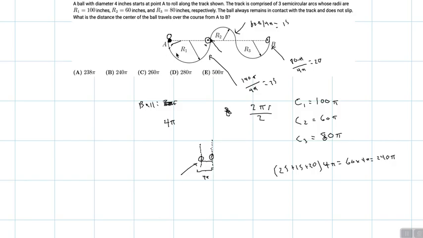Actually, technically, the center of the ball is doing something more like this.